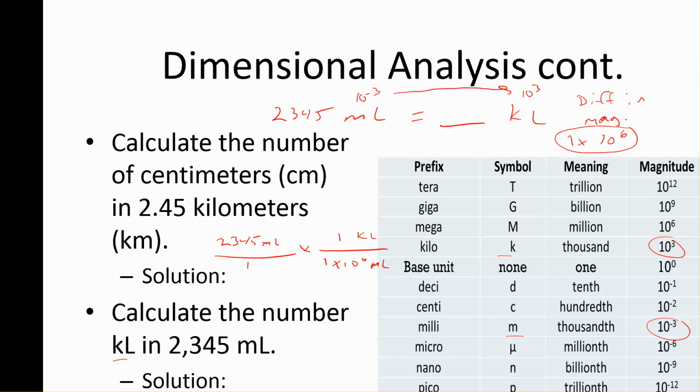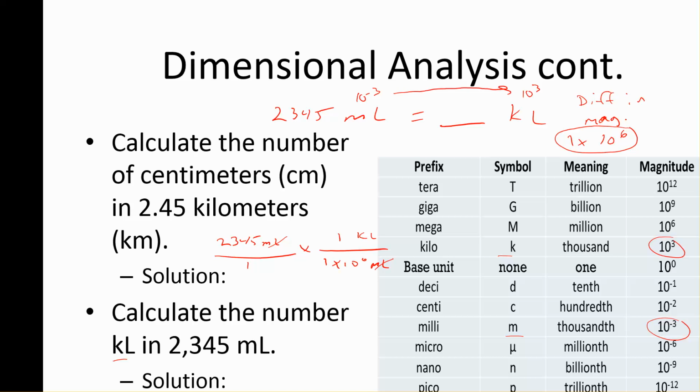So again, notice I'm putting my units in the setup for my problem because I need to show Mr. Huderberg that I'm canceling milliliters, converting to kiloliters. I knew that the 1 times 10 to the 6th had to go on the bottom of that fraction because I'm going from small to big, which means I divide, which means the difference in magnitude goes on the bottom of that fraction, right?